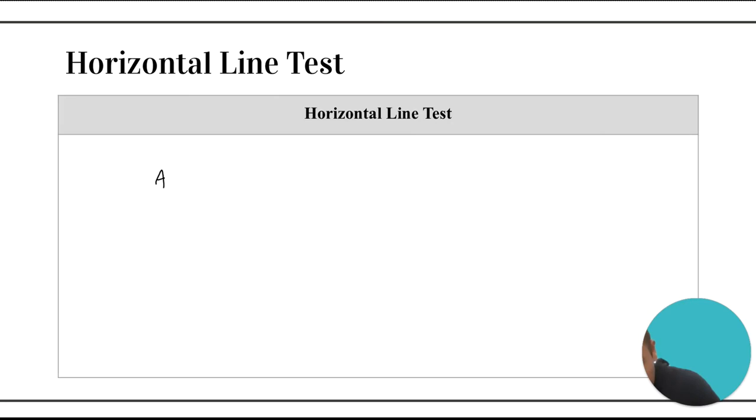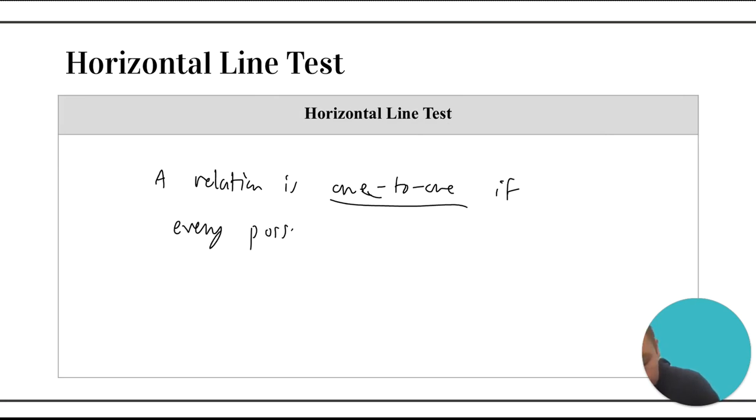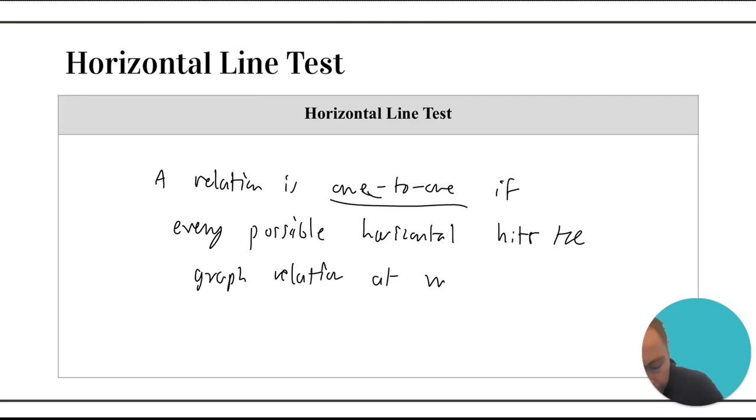So you could say that a function, not necessarily functions, you can say that a relation is one-to-one if every possible horizontal line hits the graph of the relation at most once, so never more.